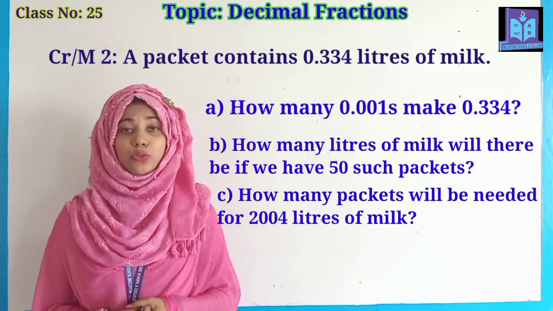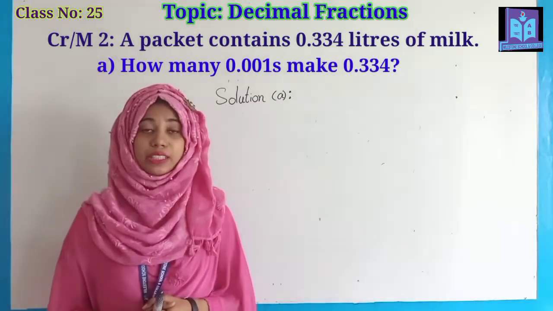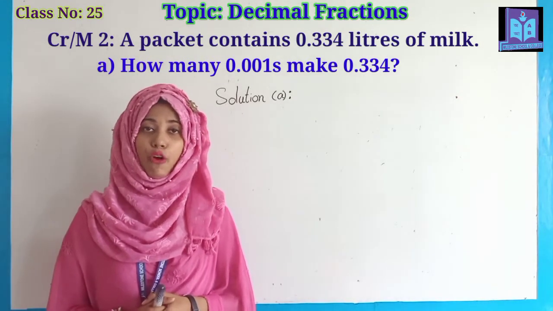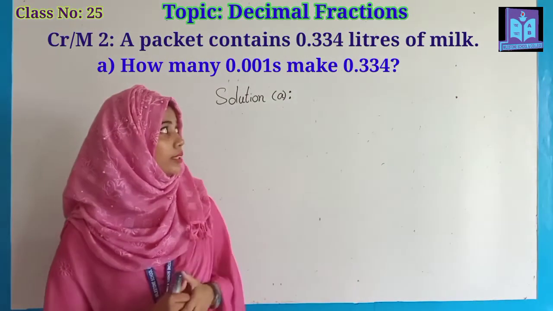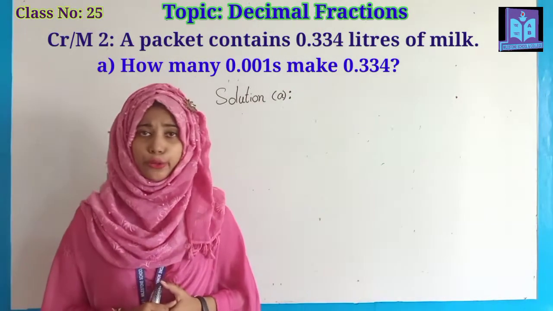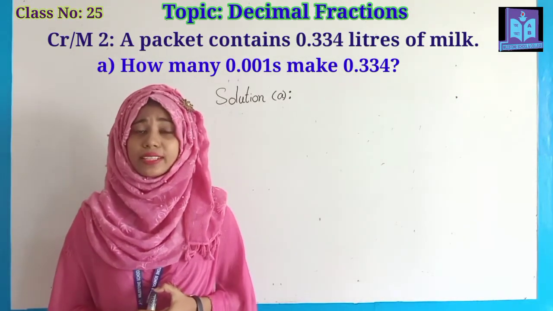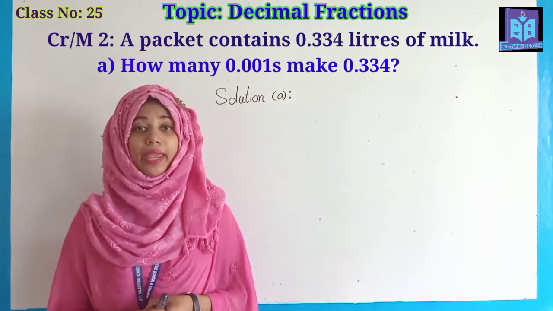Let's solve these 3 questions. Question A. How many 0.001s make 0.334? Have you any idea about this math? No? Okay, I will explain it. At first, I will give another example. Who can tell me how many 5s make 10?